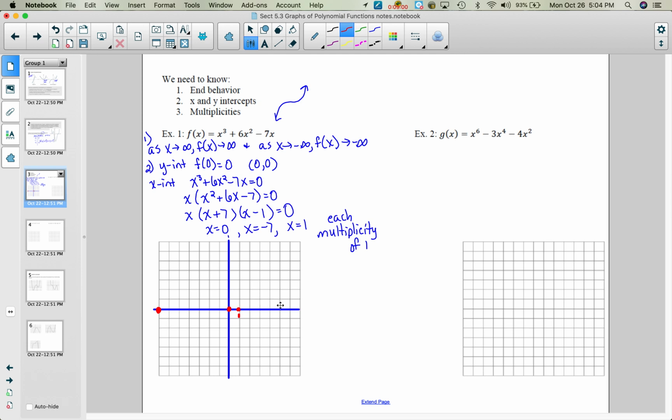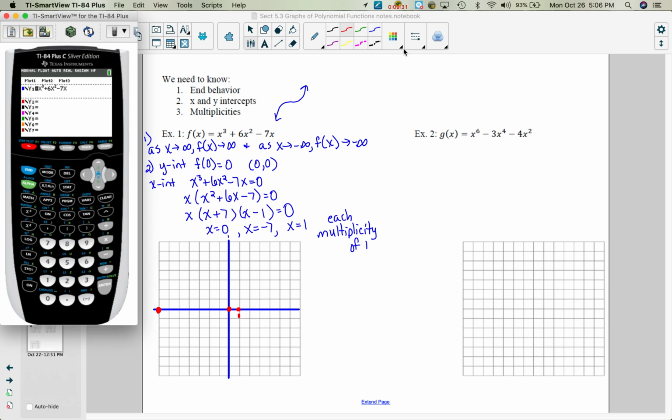And 1 is one of them. Our y-intercept we said was (0, 0), so we don't have a separate thing to mark there. It's kind of hard to tell how high up. If I were just going to do a sketch, pay attention to the end behavior. I know the right end's up and the left end's down, and it has to pass through here. What you might want to do is check and see what's going to happen between 0 and 1, and what's going to happen between 0 and negative 7.